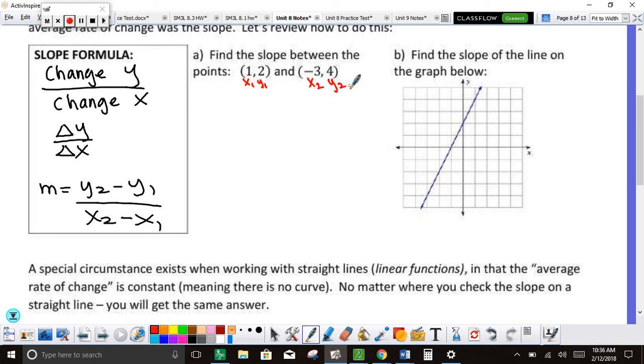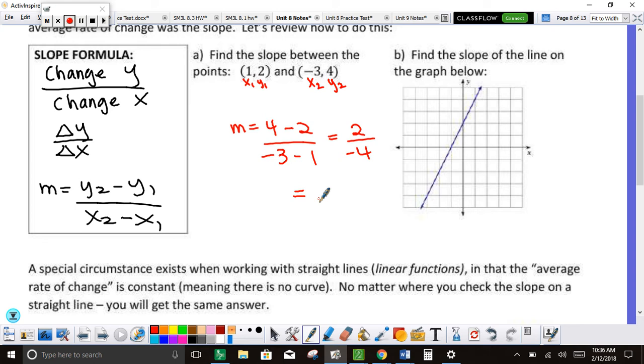So when you plug in and find the slope, it equals y2, which is 4, minus y1, which is 2, over x2 minus x1. 4 minus 2 is 2, over negative 4. So what would the slope be between those two points?